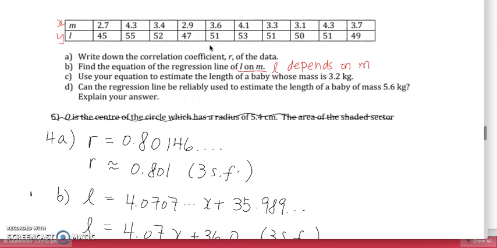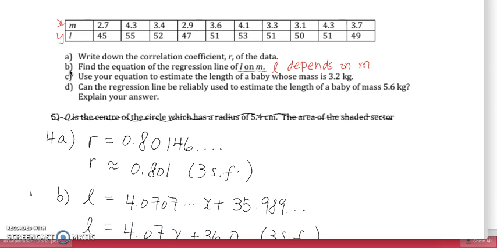The next question is a linear regression question. For a question like this, when you have mass and length, sometimes it's hard to tell which variable should be your independent versus your dependent variable. So one thing that you should do on the exam is to read all the parts in your question and look for a clue.